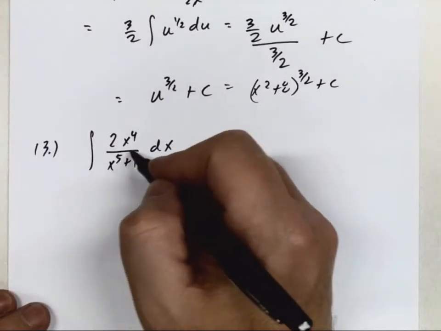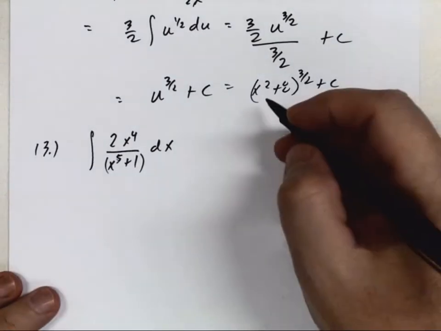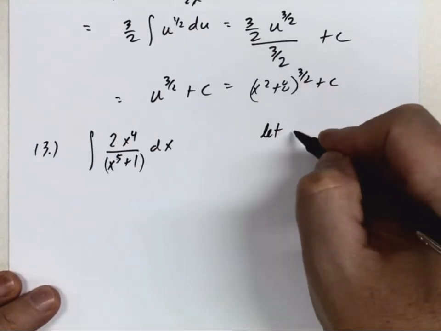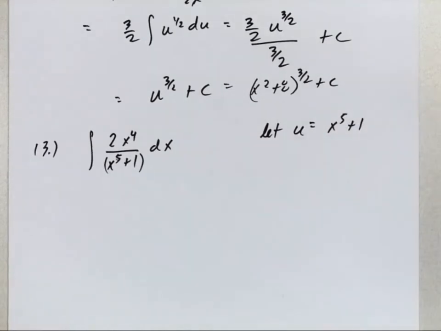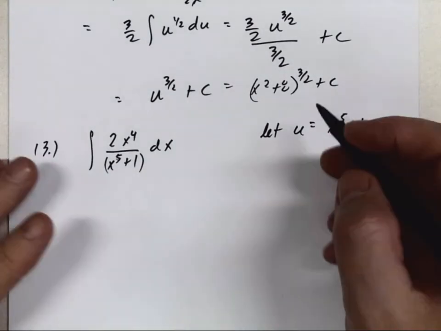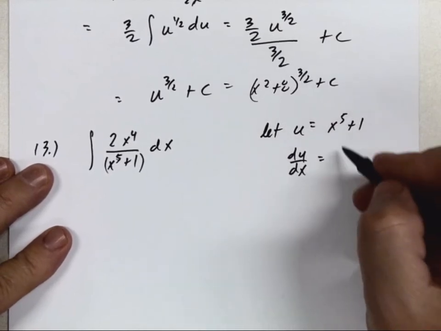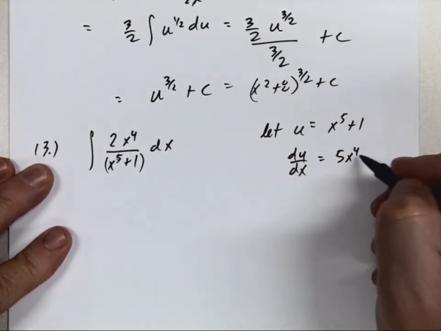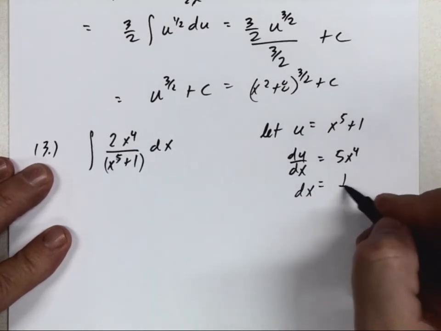Once again, when you've got something like this, you can think of this as in parentheses. I'm going to try and start there. You always take du/dx, which is 5x to the 4th plus 0. Solve for dx.